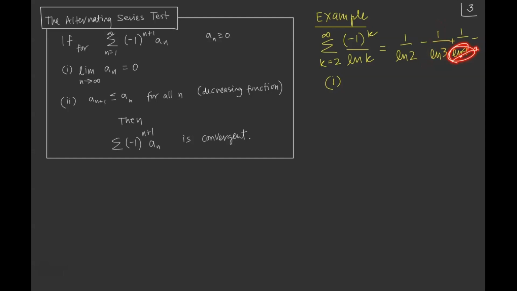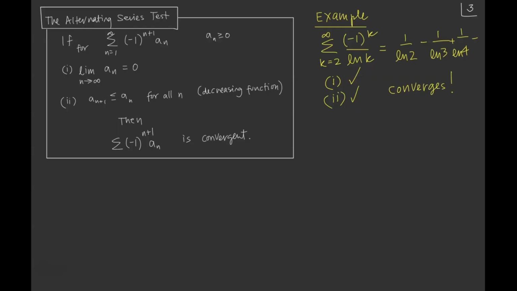It has infinite growth, and so we're going to approach 0. The sequence of this series is going to approach 0. Okay, so condition 1 is met. And is each successive term smaller than the one before in absolute value? Yes, each of these terms is smaller than the one before. So condition 2 is met as well. And so this series converges.